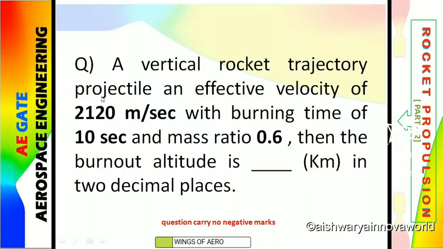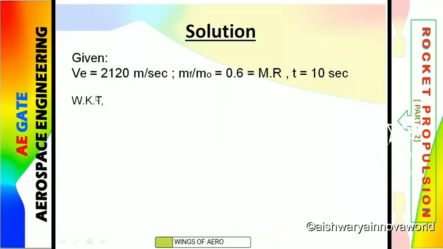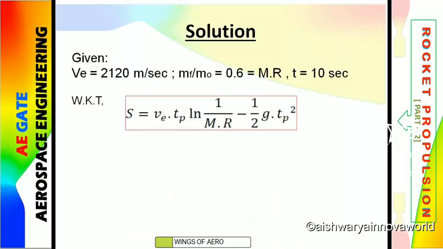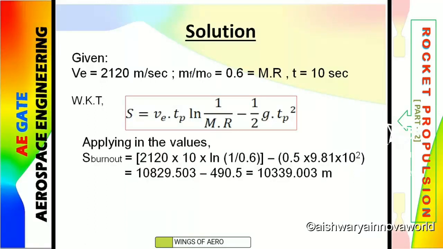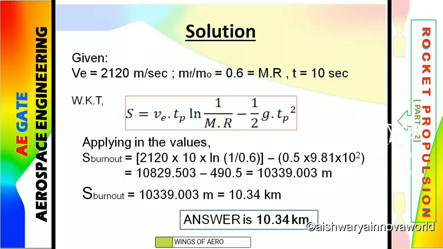So you know which formula will be used. This formula will be used. All the things are known to you. We substitute the values and get the answer in meters. So the burnout altitude is 10.34 kilometer.